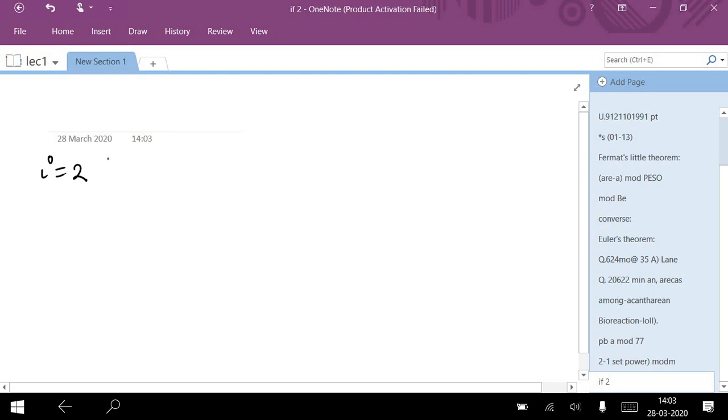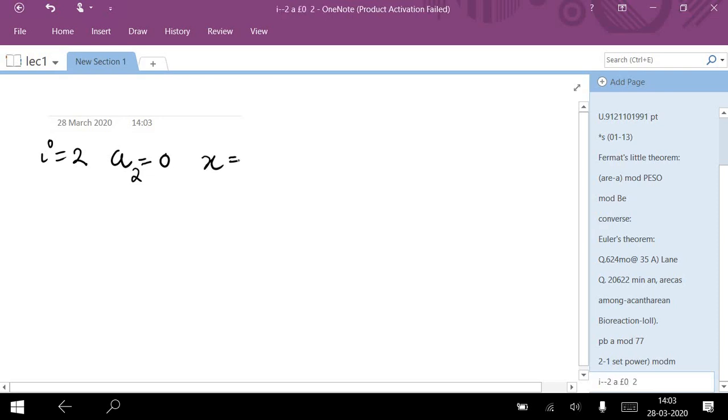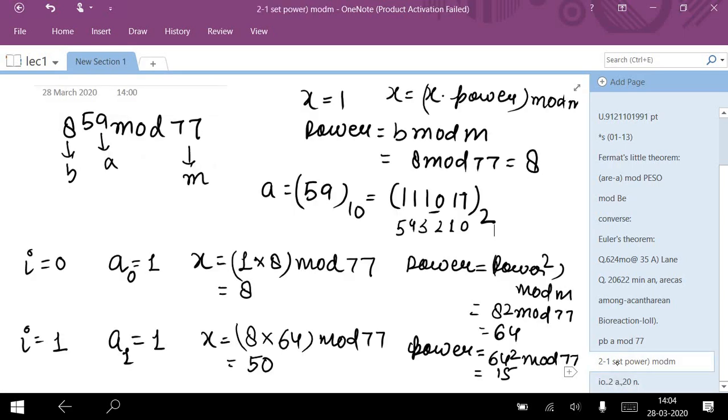So I equal to 2. Sorry. a2 is 0. What will be the value of x? The value of x will be the previous value of x, equal to 50.